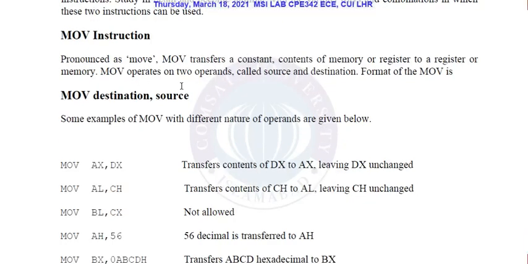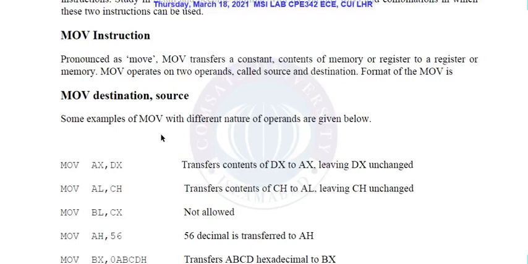The syntax of the move instruction is MOV, space, the destination operand, then a comma, then the source operand. The move instruction moves the data from the source to the destination while leaving the source unchanged.